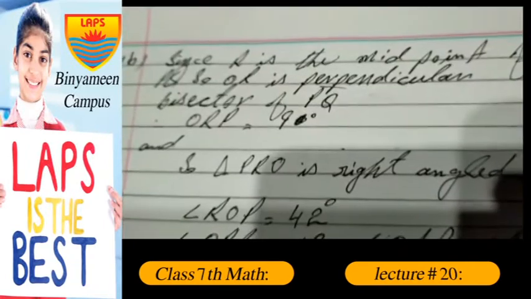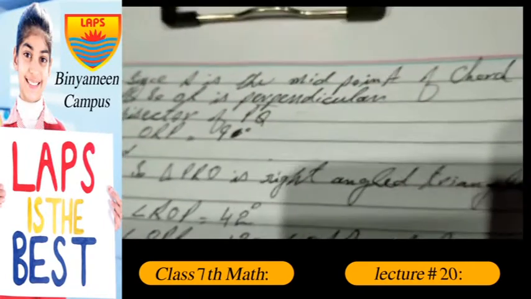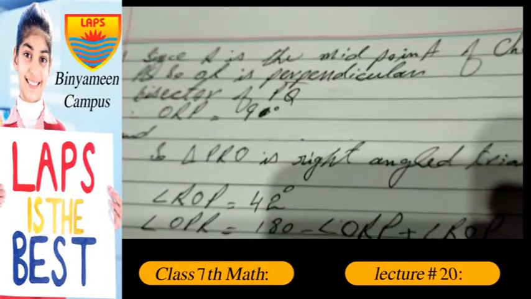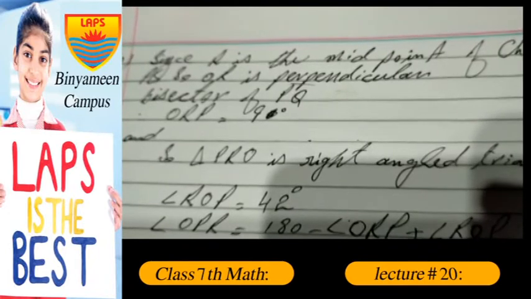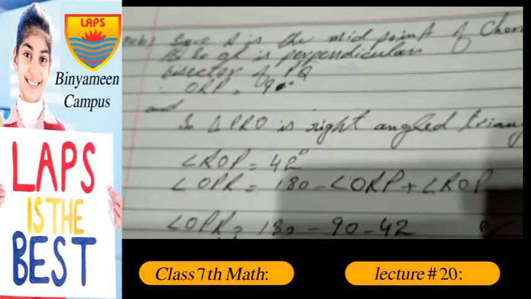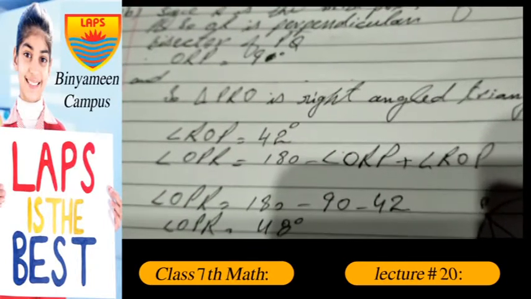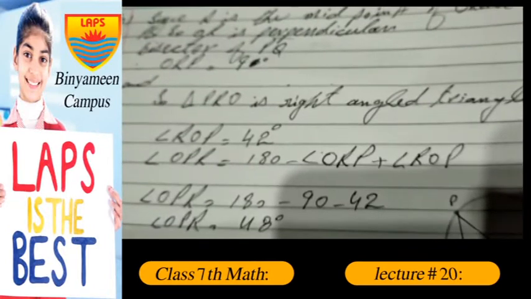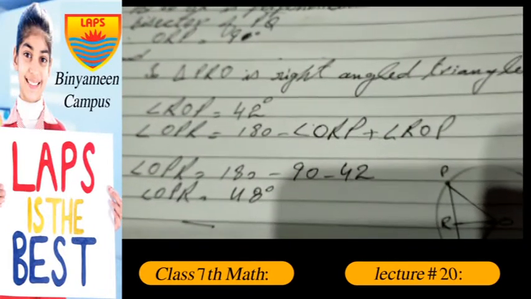Step of construction: since R is the midpoint of chord PQ, so OR is a perpendicular bisector of PQ. Angle ORP is equal to 90 degrees, and so triangle PRO is a right angle triangle and angle ROP is equal to 42 degrees.